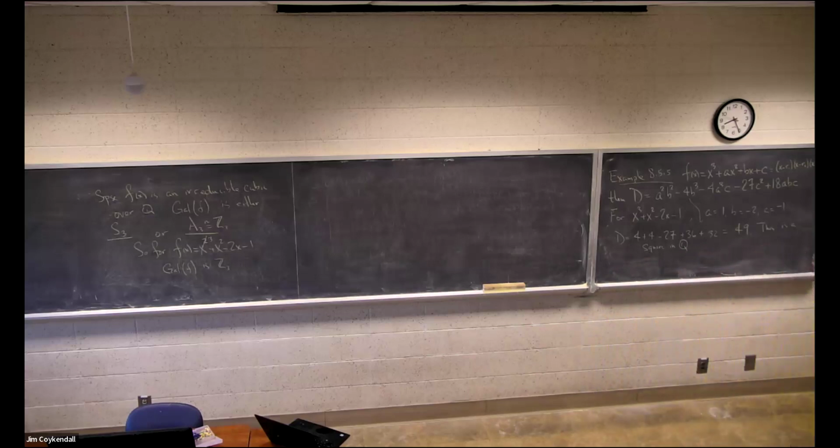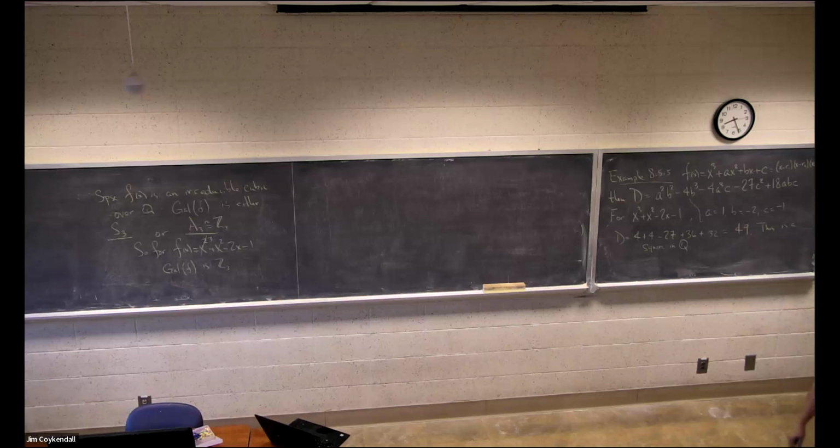So really, here's the deal. If you take that formula for a discriminant, then all you've got to do is compute it and look at what you get. If D is a square in your base field, then the Galois group is Z3. And of course, I'm assuming the polynomial is irreducible. And if it's not a square in your base field, then it's S3, end of story.